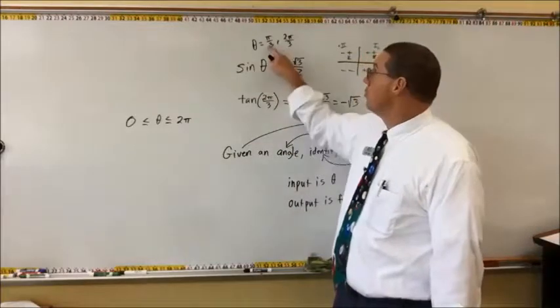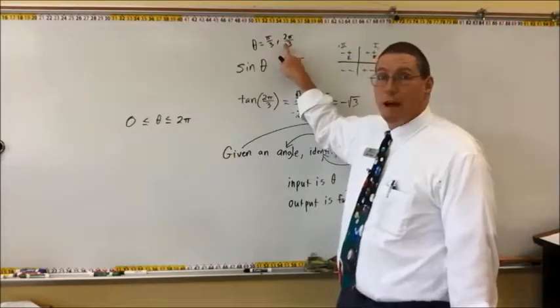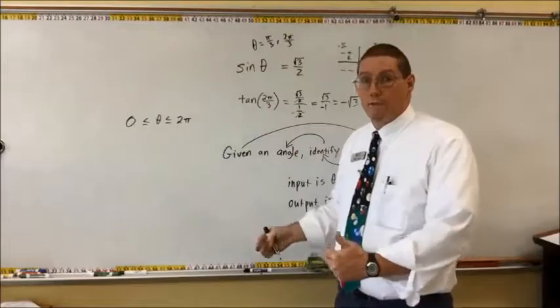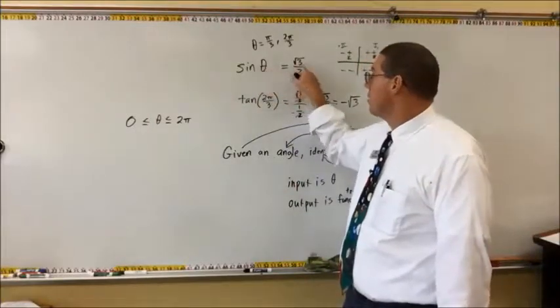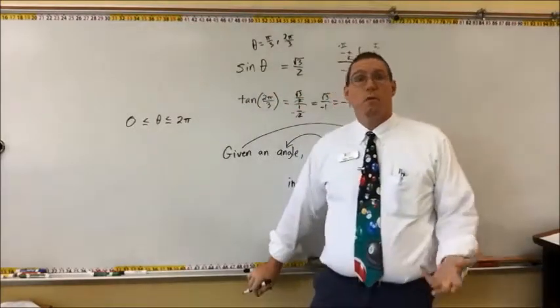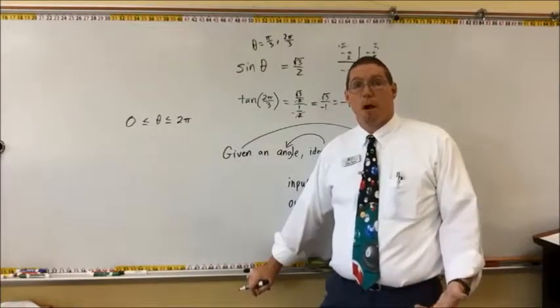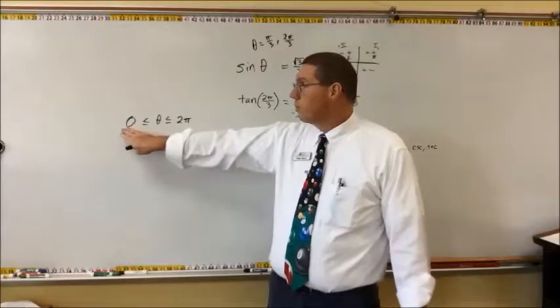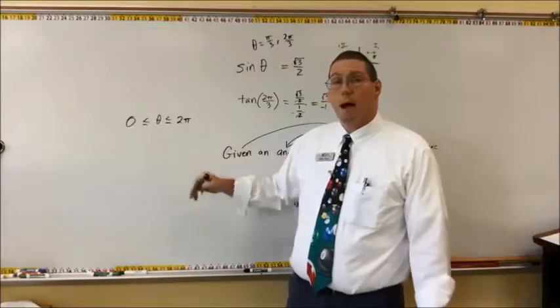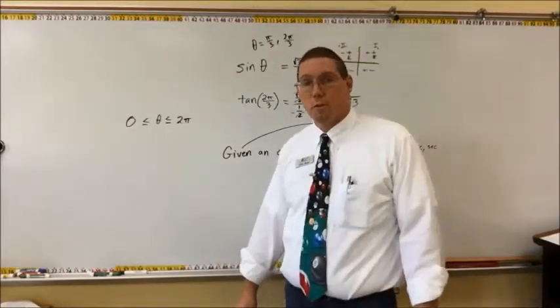If we subtract 2 pi from this and subtract 2 pi from this, we have 2 more answers where sine of theta is equal to square root of 3 over 2. So there's actually an infinite number of answers for this problem, except when we restrict it to between 0 and 2 pi, now there's only 2 answers to the question.